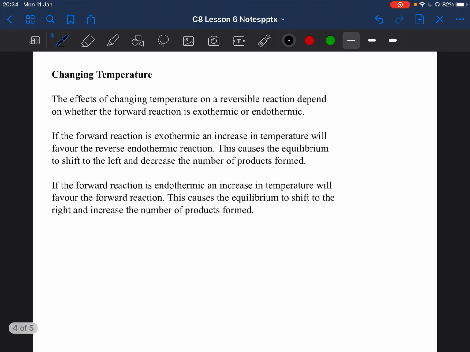Okay, guys, so the last one is looking at our temperature change. I've already mentioned this once before, but when we're talking about temperature changes in terms of Le Chatelier's principle, we are relying on the fact that our reactions are going to be exothermic or endothermic. So let's start by looking at if we have an exothermic forwards reaction.